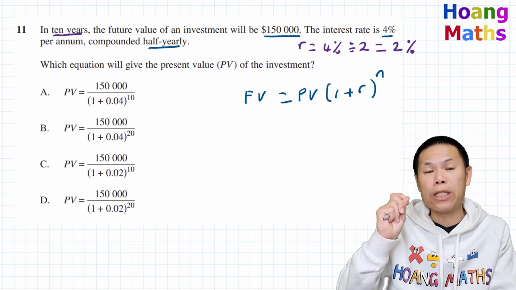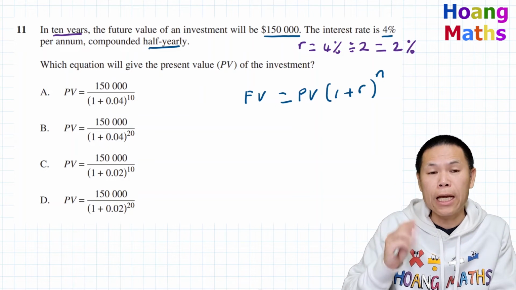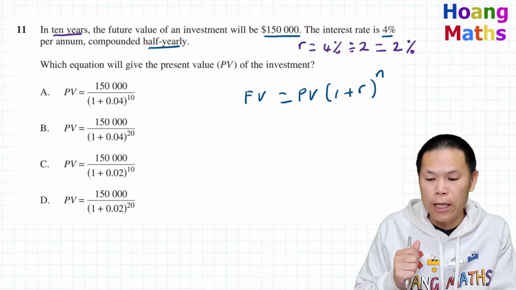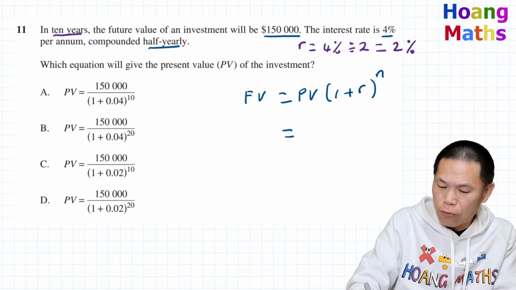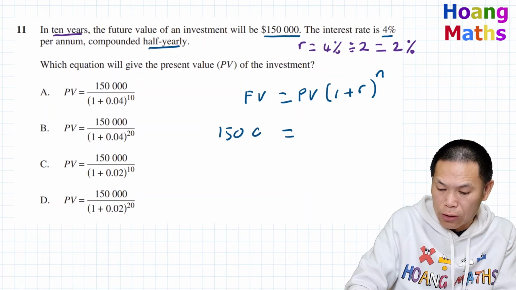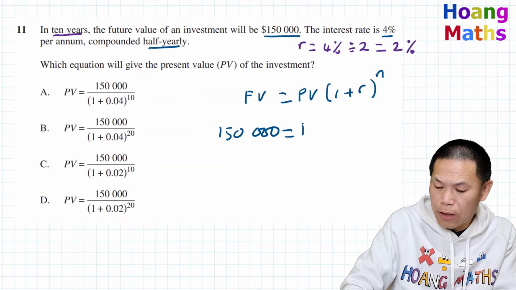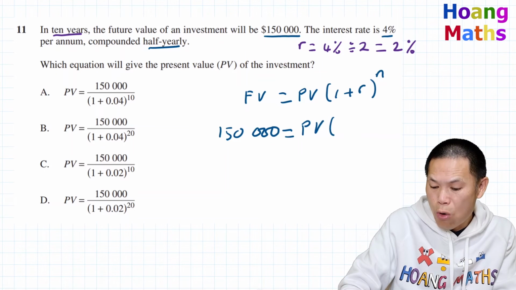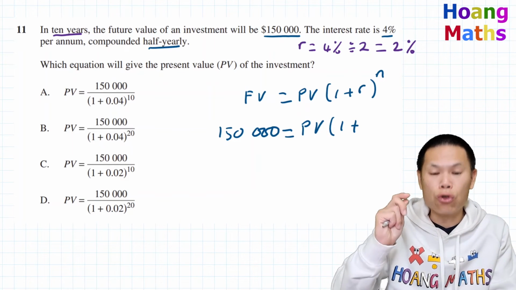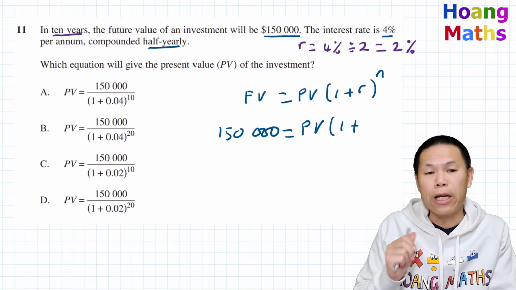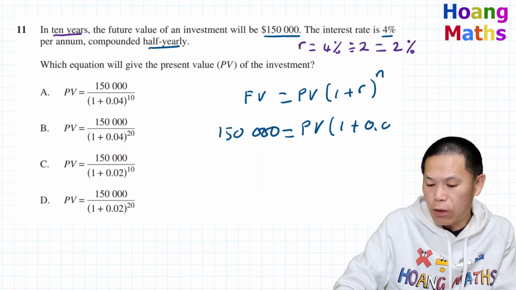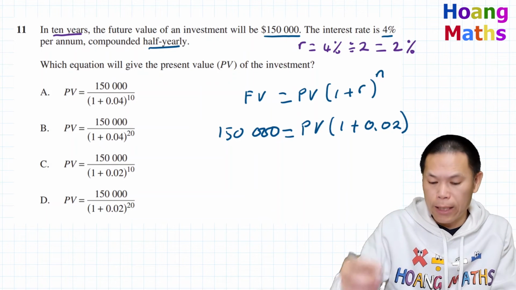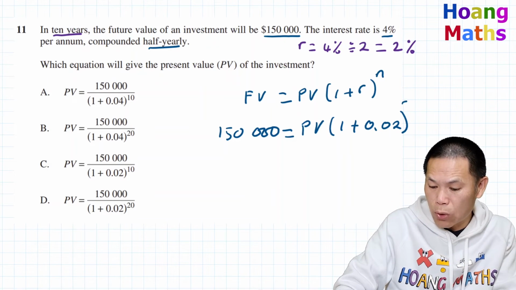And 10 years: we know that 1 year compounds twice, so 10 years compounds 2 times 10, which is 20. Let me put that together. The future value is $150,000, and the present value PV we're not sure. 1 plus R, where R is 2%, so 2 over 100, which is 0.02. And N is 10 times 2, which is 20.